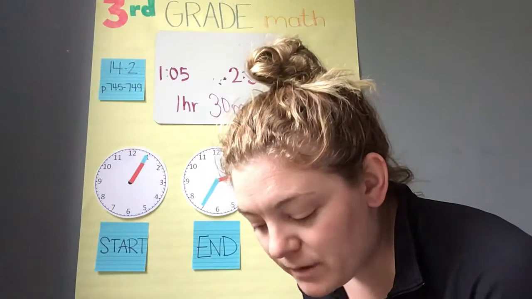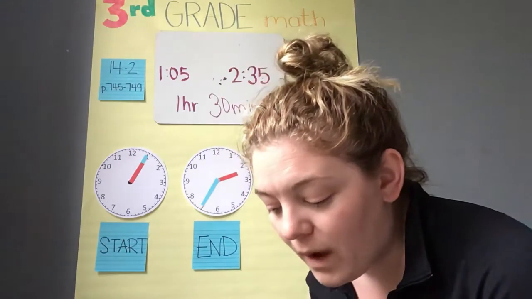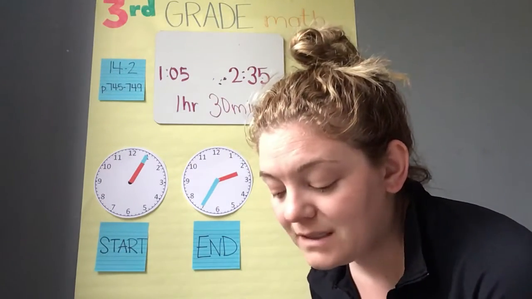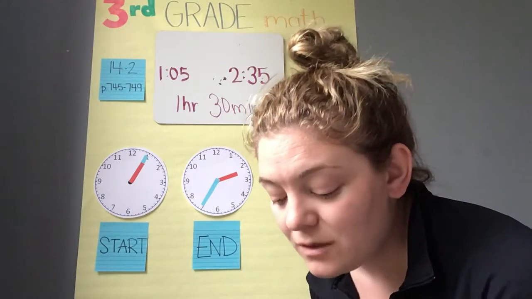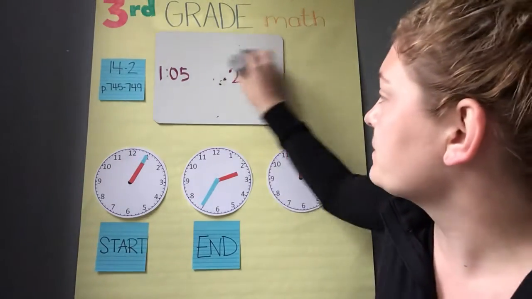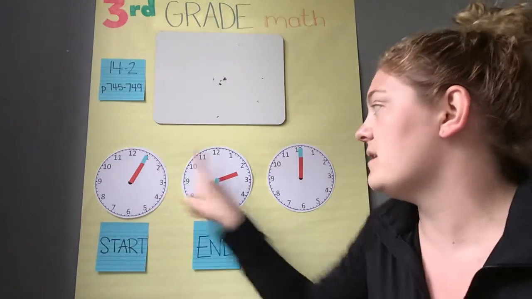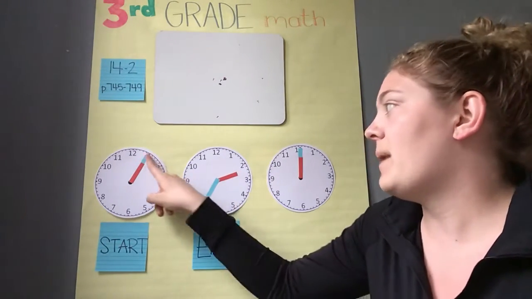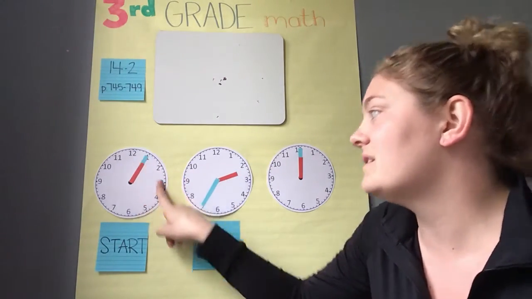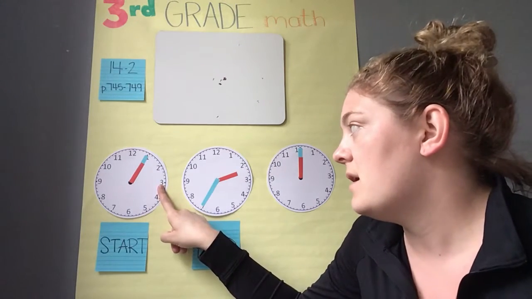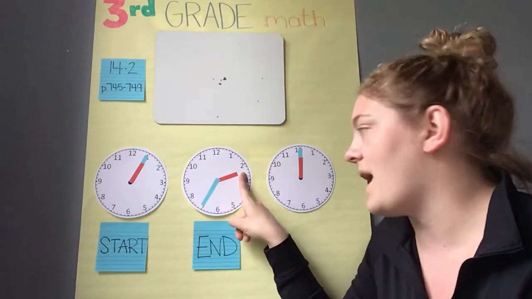Without counting hours and minutes, how do you know the movie Denise went to was less than 2 hours? Well, if I'm looking from here to here, my hour hand didn't go down to the 3. It only went 1 spot, right?